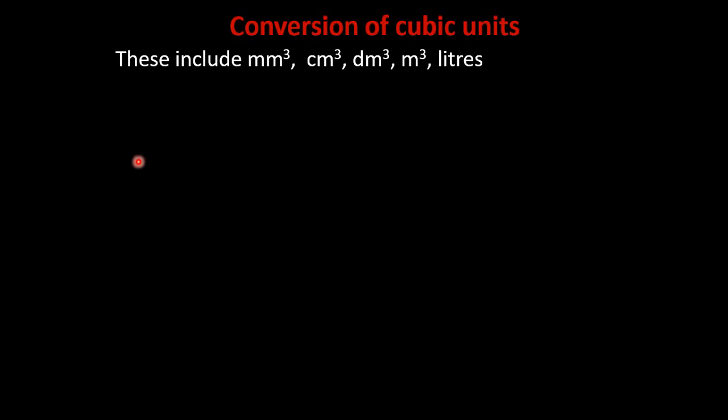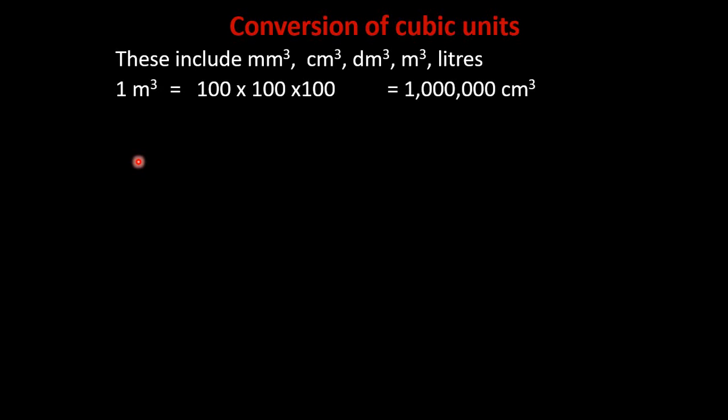Now, we need to know that if you have 1 meter cubed, that is 1 cubic meter, it is equivalent to 100 centimeters times 100 centimeters times 100 centimeters, which is equivalent to 1 million cubic centimeters.